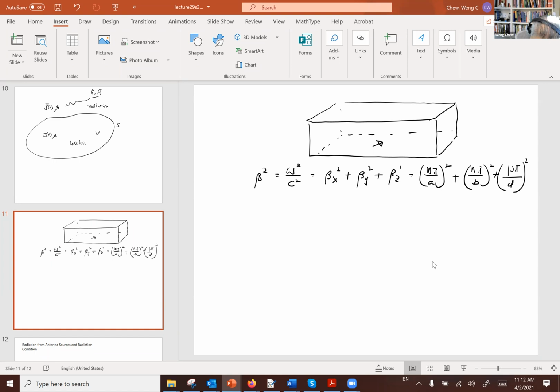Okay, so you can see that the values of beta x, beta y, and beta z are discrete. Usually physicists would call this the Fourier space or the momentum space or the K space, okay, discrete in momentum space. Or spectral space.